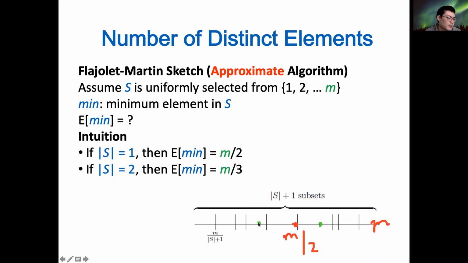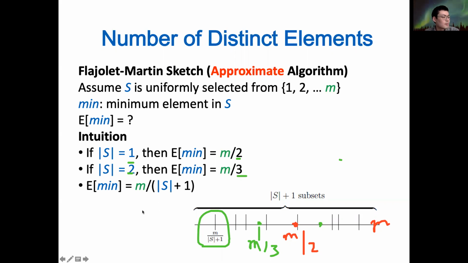So the smallest item here is m by 3. Basically, it's the number of items plus 1, so 2 and 3. In the general case, the smallest item is about this size. But this is an expectation, because you're assuming it's uniformly distributed along this range.